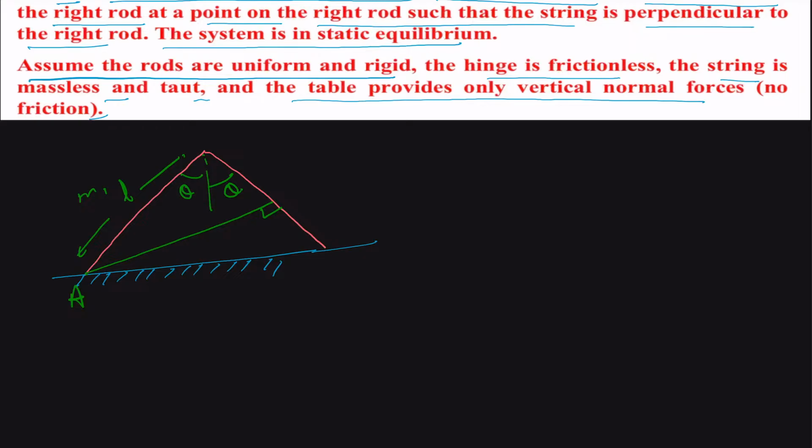So let us say that the length of the string is, suppose, D, and the string where it is connected to the opposite end, it is B, and let us call this distance S. So we can easily write D and S in terms of L because it is basically a right angle triangle.